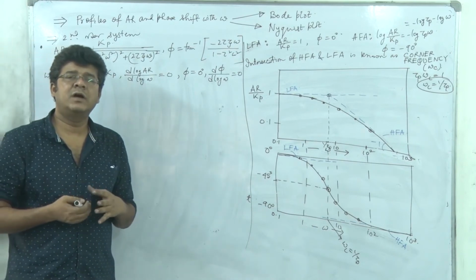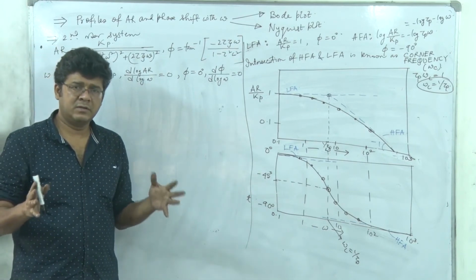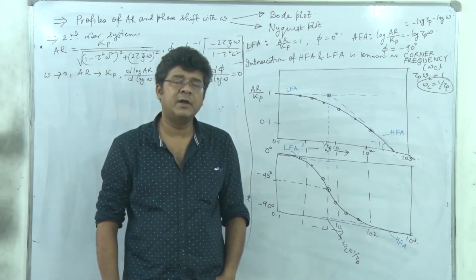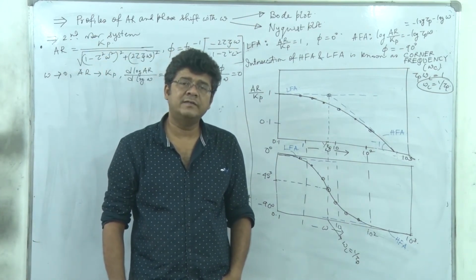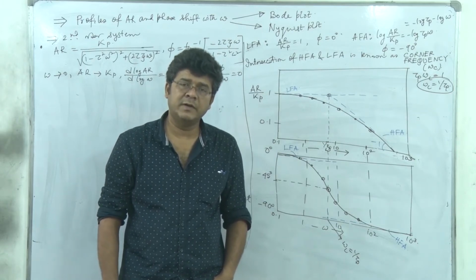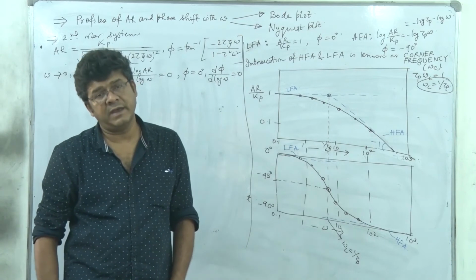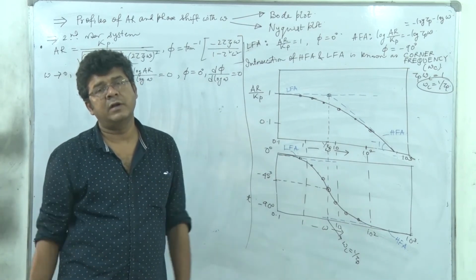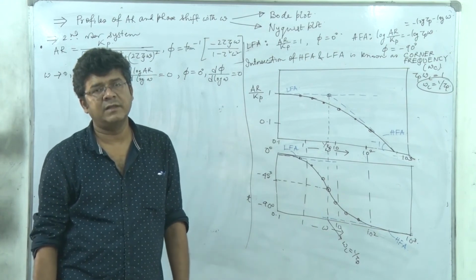remember, or once you have become accustomed to the Bode plots for standard systems like first order, second order, dead time, pure capacitive, P, PI, PID, etc., you can go for plotting it for multi-capacity, non-interactive systems as well. So you will see that.